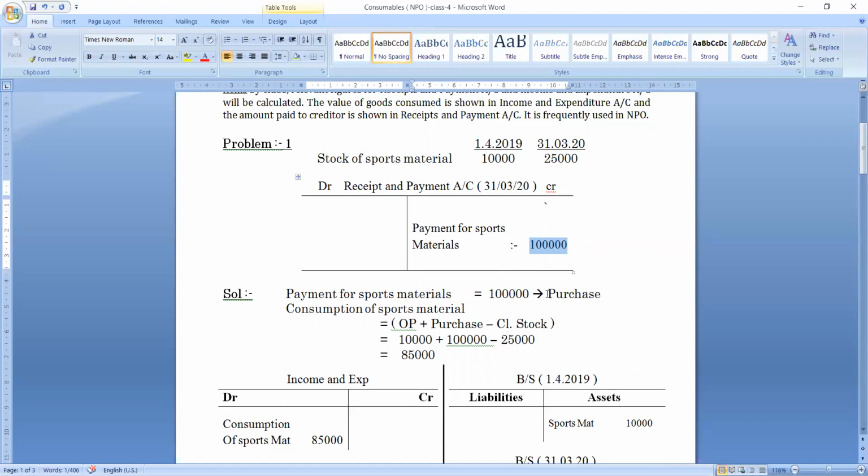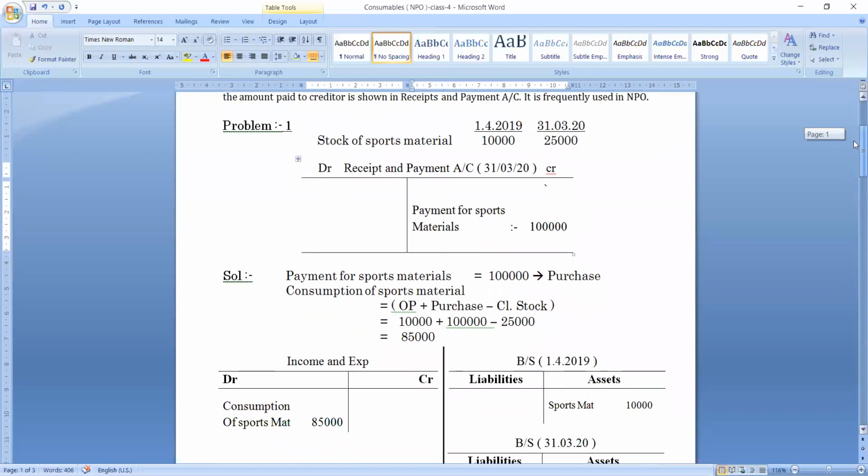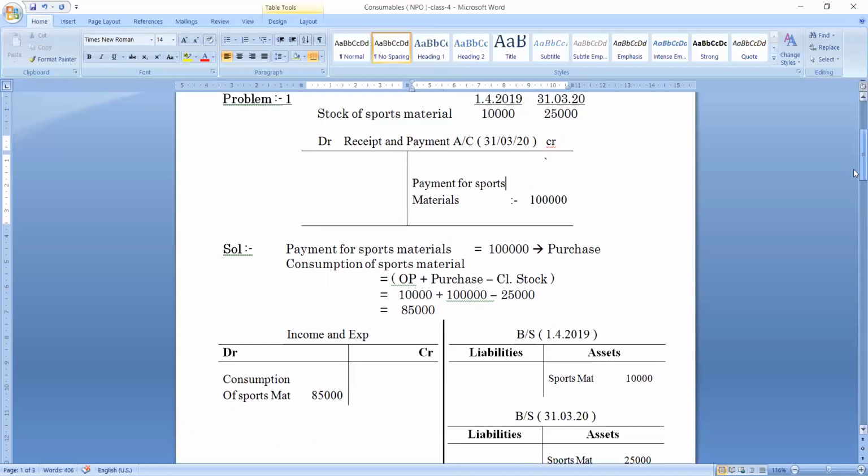This is your purchase, because you paid that 1 lakh rupees to a creditor. Because of this payment, you purchased sports material, so this is one kind of asset. That's why this is a purchase of sports material.